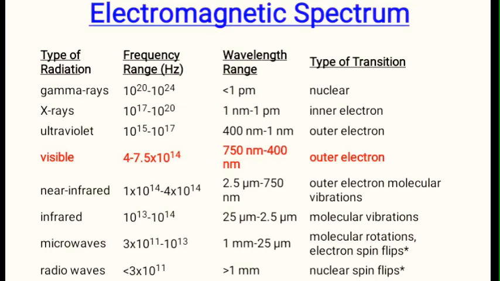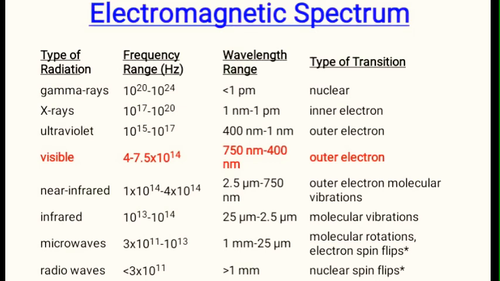The visible light is in the range in hertz 4 to 7.5 into 10 raised to the power 14, and wavelength range is 750 nanometer to 400 nanometer, and the transition is outer electron.